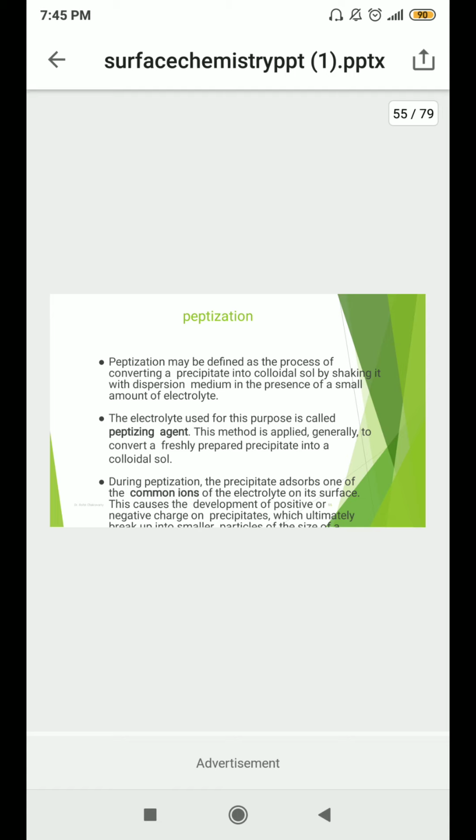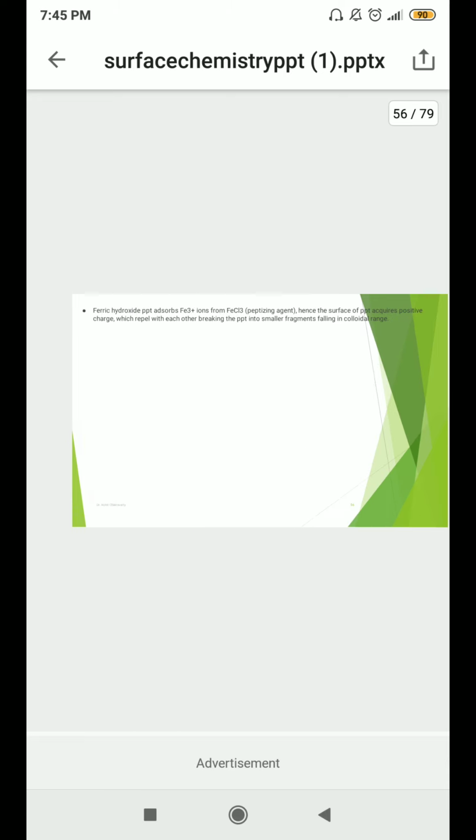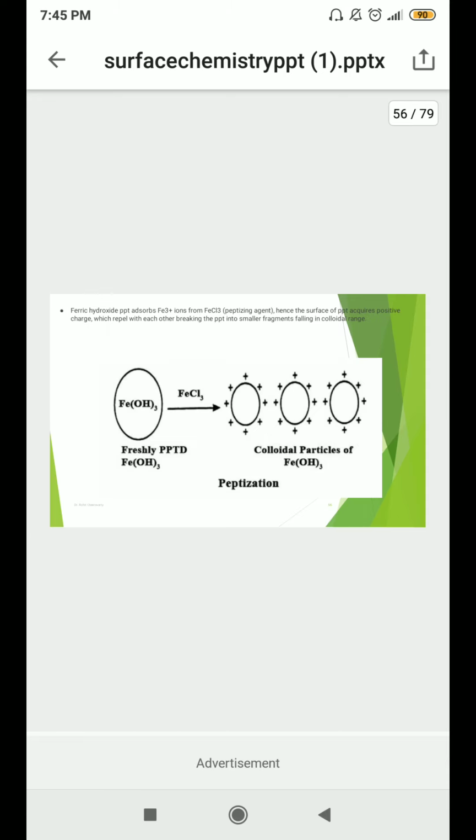During peptidization, the precipitate absorbs one of the common ions of the electrolyte on its surface. This causes the development of positive or negative charge on the precipitate, which ultimately breaks into smaller particles of colloidal size. Now here you can see fresh ferric hydroxide. It reacts with ferric chloride, resulting in the formation of colloidal particles of Fe(OH)3. So this is a pictorial representation of peptidization.